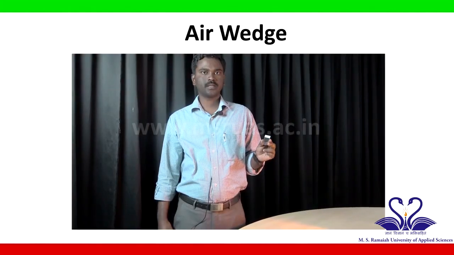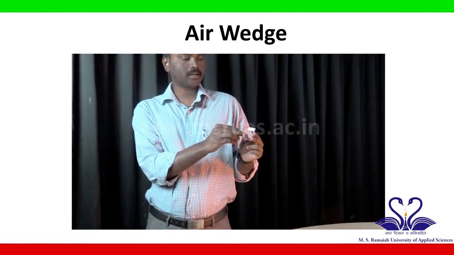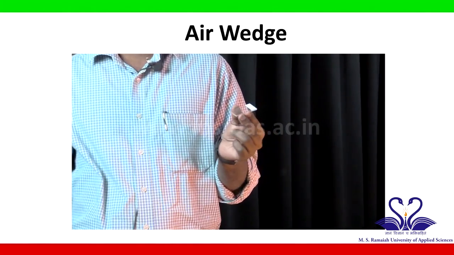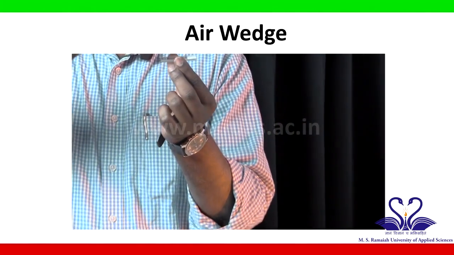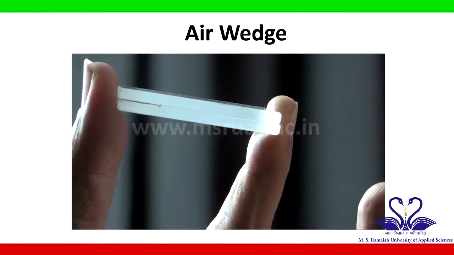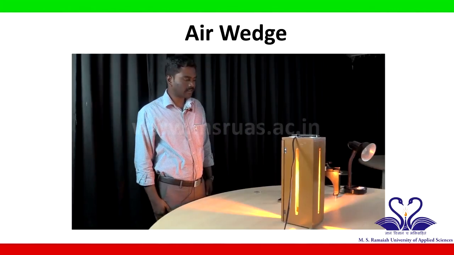In this experiment we are going to measure the thickness of the paper which is fixed at one end of the glass plate. Now when the other glass plate is kept over the bottom glass plate, a thin air film in the form of a wedge is formed between the two glass plates and this is called an air wedge. Now let us start the experiment.